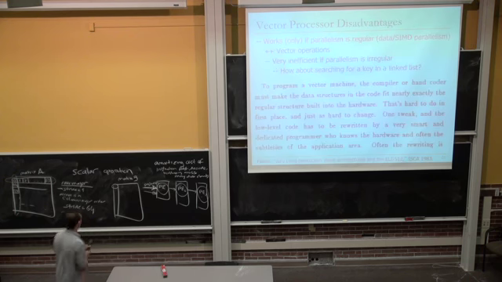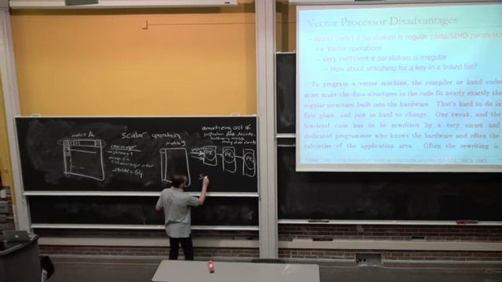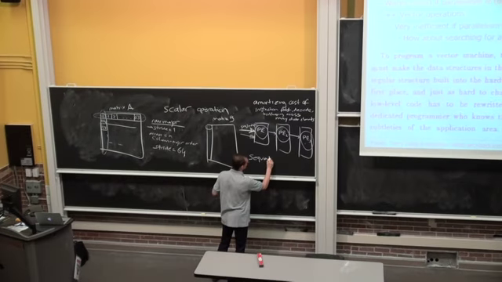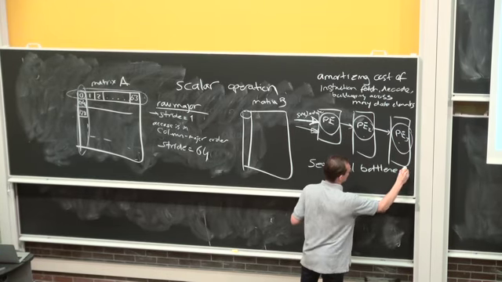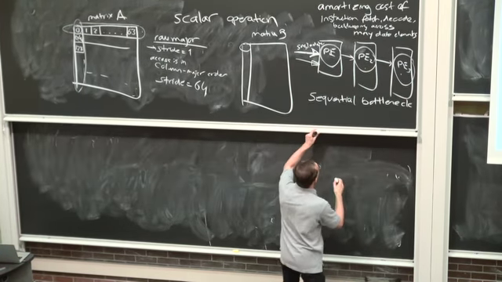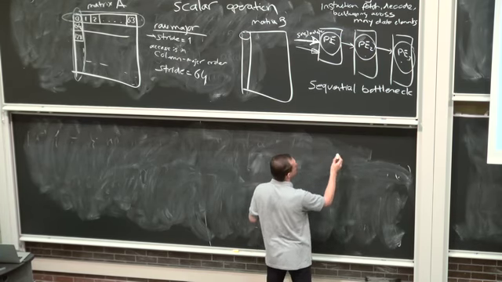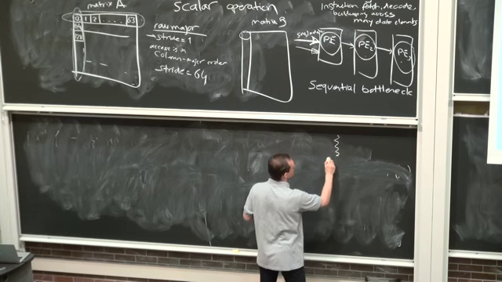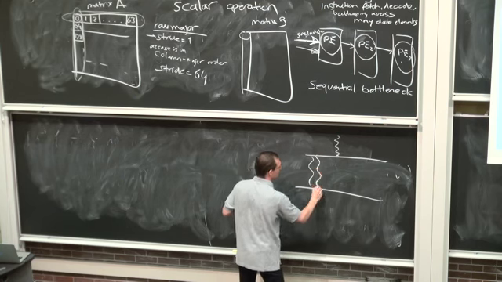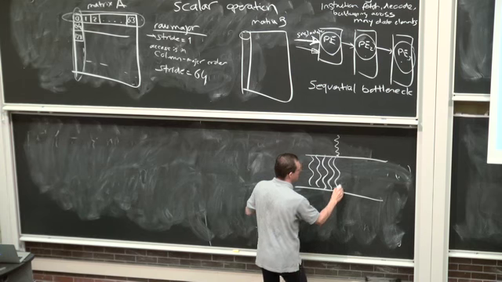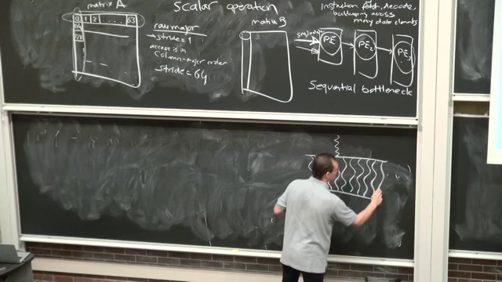In fact, actually, let me give you a terminology. You may hear this. This is called the sequential bottleneck, really. And if you look at the operation of a vector machine, if your program is not fully parallelizable, what happens is you have a sequential portion of your code and then a parallel portion of your code where you can, I'm looking at these as threads, but many execution units can operate on the data in parallel.